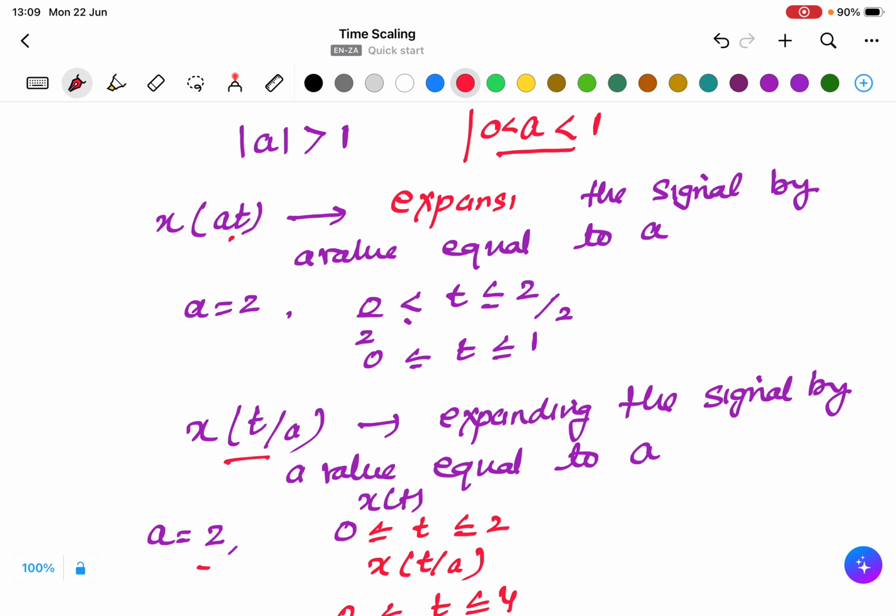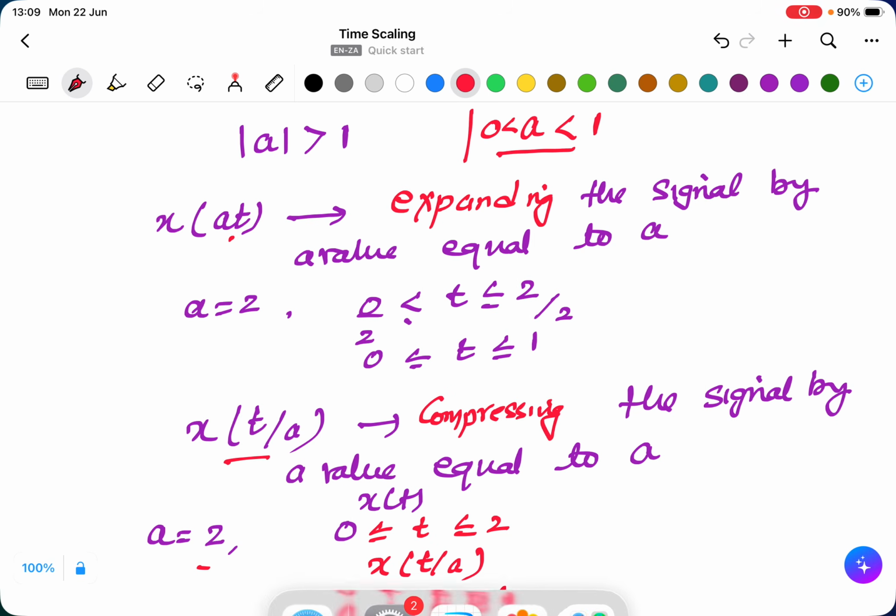So expanding the signal by a value equal to a, and compressing the signal by a value equal to a.